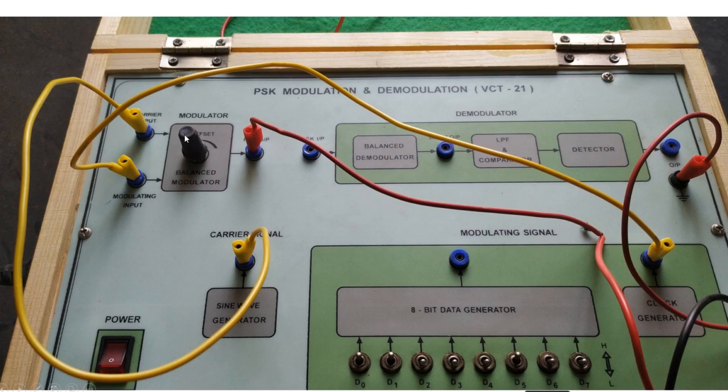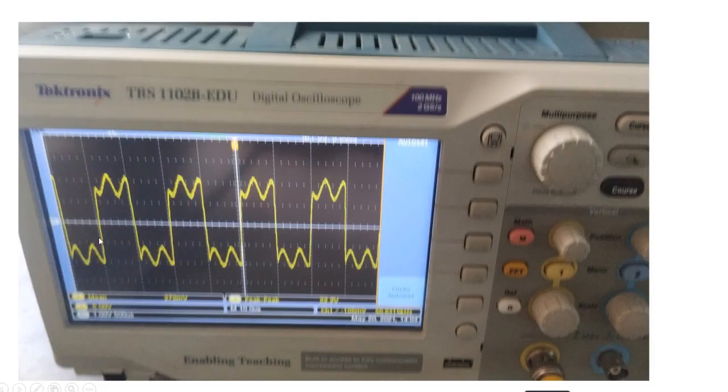By rotating this button, if I increase it, you will see the difference between the alternate 0 and 1. We can see clearly that for 0 the phase is 0, and for 1 the phase is 180 degrees. It is alternate 1 0.